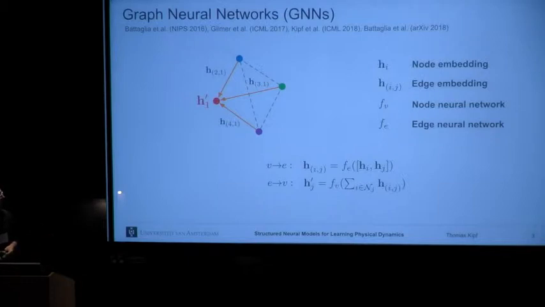Then after you calculate all these edge updates, which in a physical system, for example, would correspond to forces, you update your node representation by aggregating all these forces, the edge updates, and passing them through another node neural network. These neural network modules can be any kind of MLP or any kind of neural network architecture that you can apply on these node and edge embeddings.